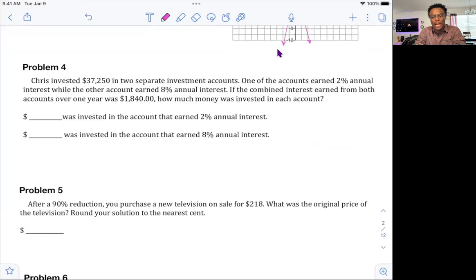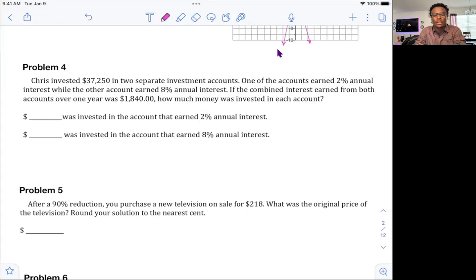If the combined interest earned from both accounts over 1 year was $1,840, how much money was invested in each account?